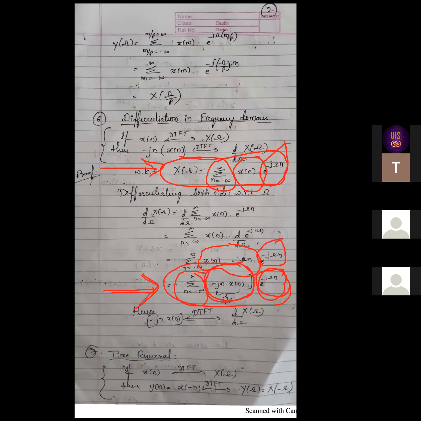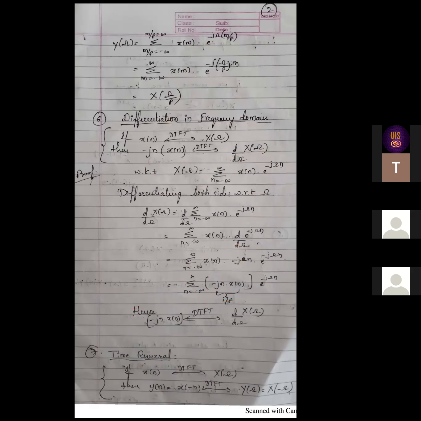Your input sequence is changed here. It is not simply x of n, it is minus jn into x of n. So how can we finally conclude? If you differentiate the Fourier transform with respect to omega, that is frequency, then the input will be this. That's what our property says. So this is about the differentiation in frequency domain.